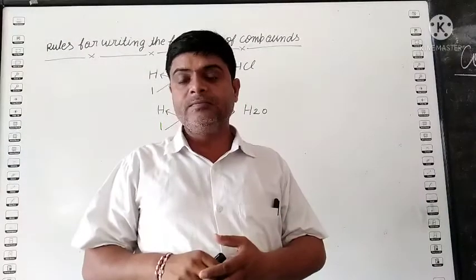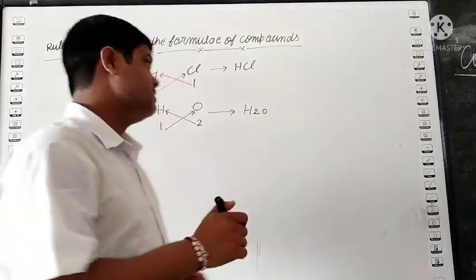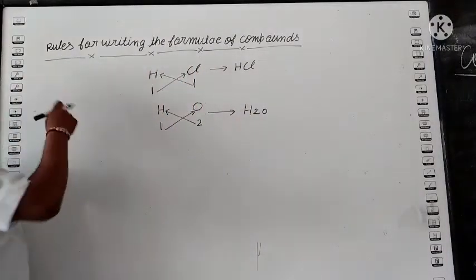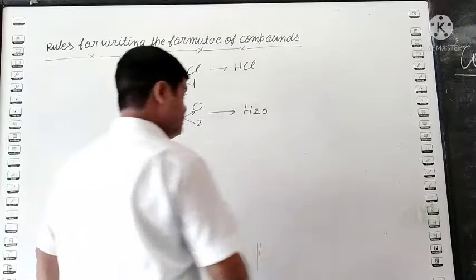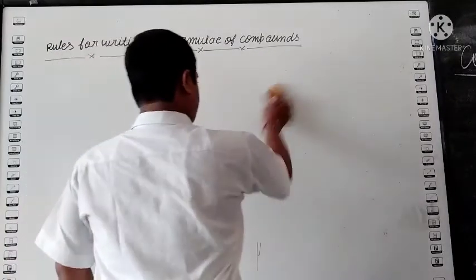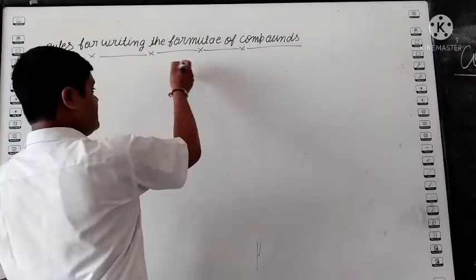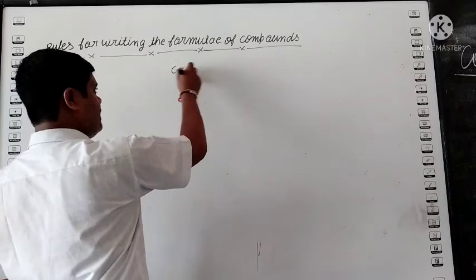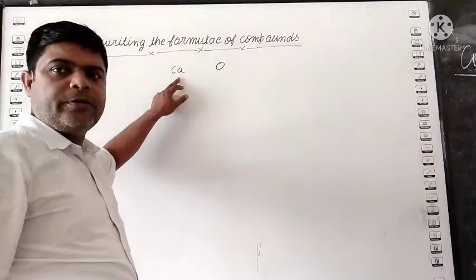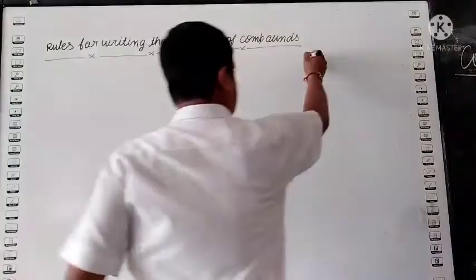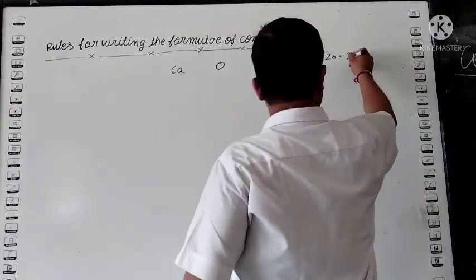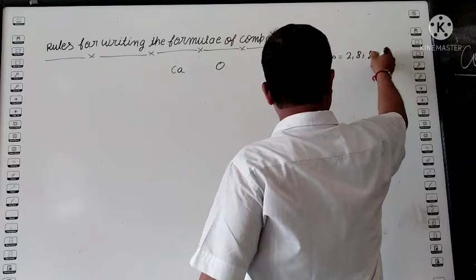Another one, like calcium oxide. Calcium oxide means calcium and oxygen. You know calcium has atomic number 20, configuration 2, 8, 8 and 2.